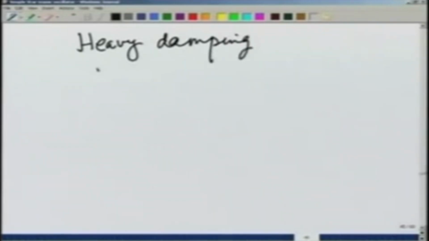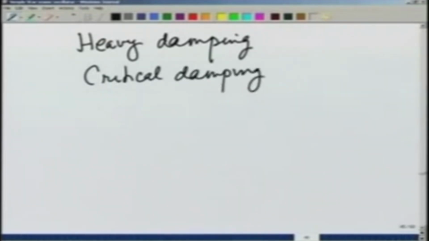So, let us conclude this lecture by saying that we learnt about heavy damping, we learnt about critical damping and understood the difference between critical and heavy damping, and realized how critical damping is important when we want to damp out certain impulses within a very short distance and short time.